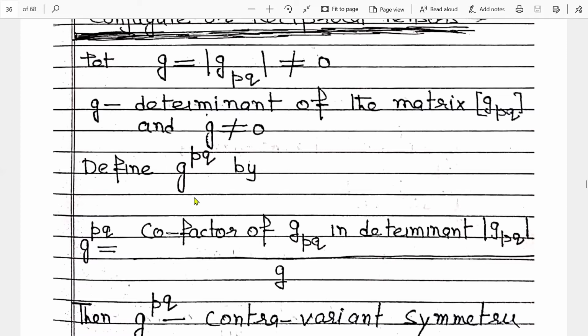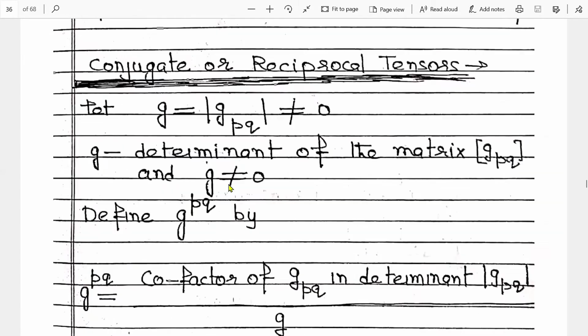This g upper pq is defined by the cofactor of gpq in the determinant gpq divided by g. So this is the reciprocal or conjugate tensor.